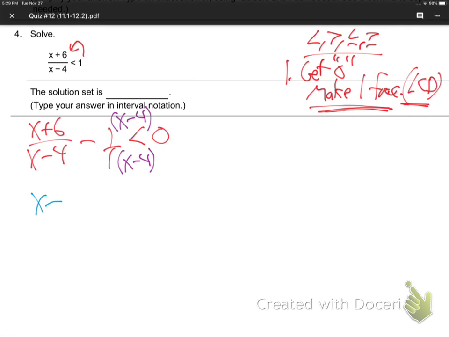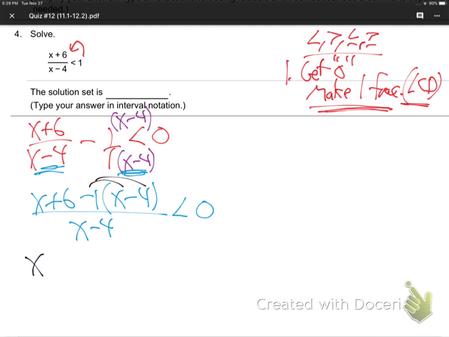What does that give us? X plus 6 minus 1 times x minus 4 over x minus 4. See, they both have x minus 4 as their denominator now, so it's the common denominator. Now distribute, so we get x plus 6 minus x plus 4 over x minus 4 less than 0.